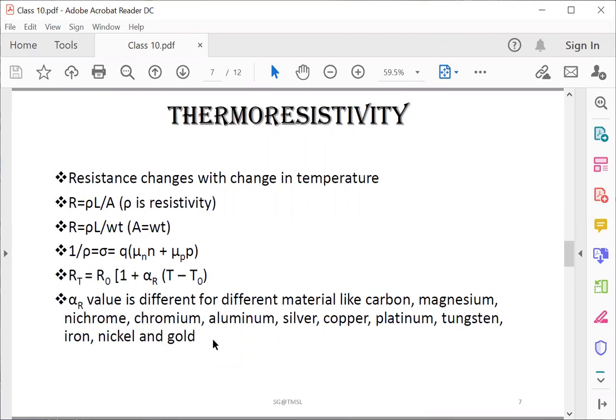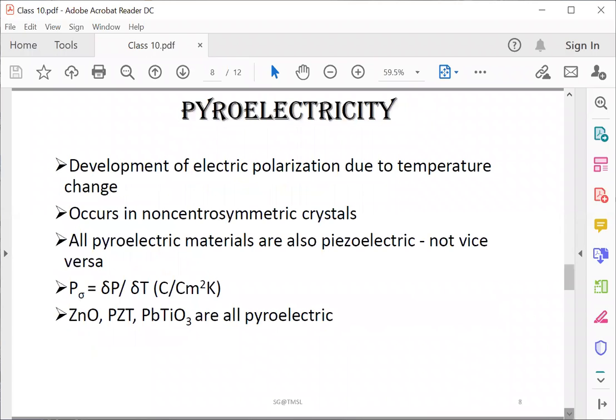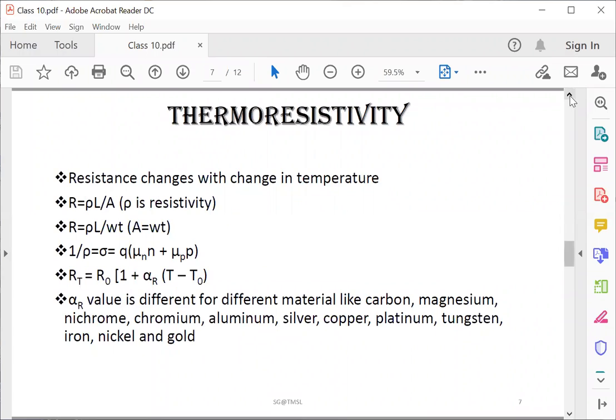Another material is nickel, which has a very high alpha R in many cases.